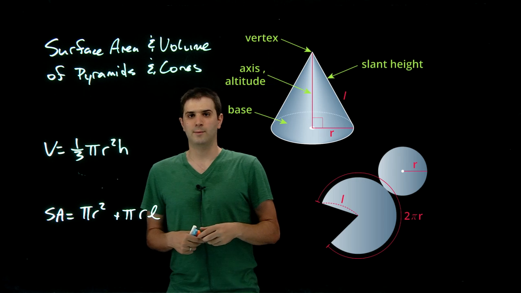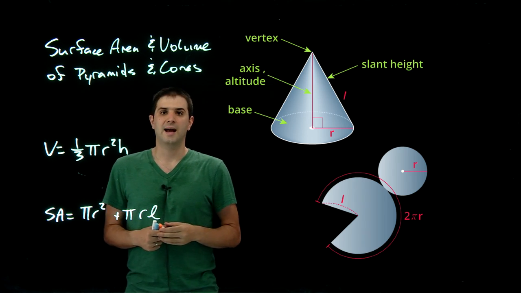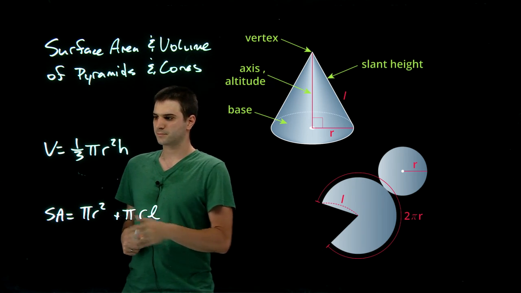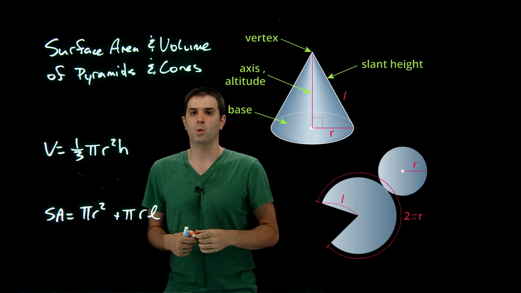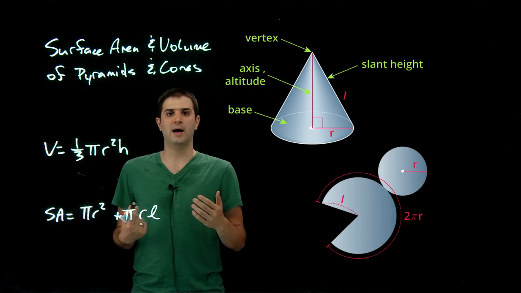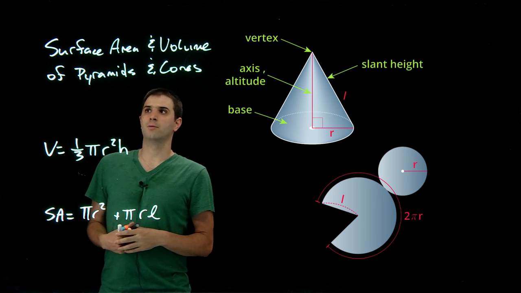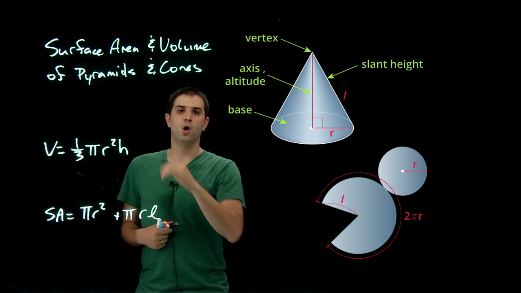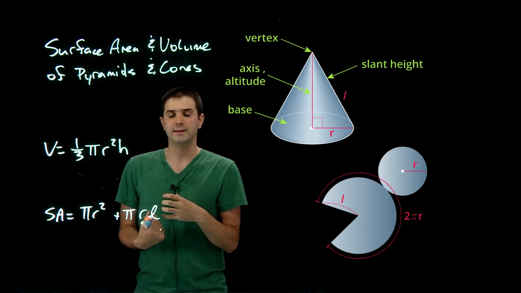So what do the formulas actually look like? Volume equals 1/3 pi r squared h. That's very similar to what we've been talking about with pyramids, because cones and pyramids are very interrelated.